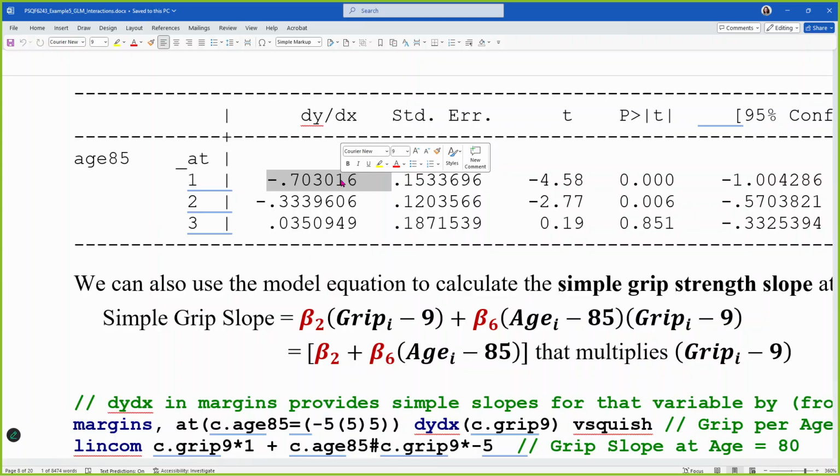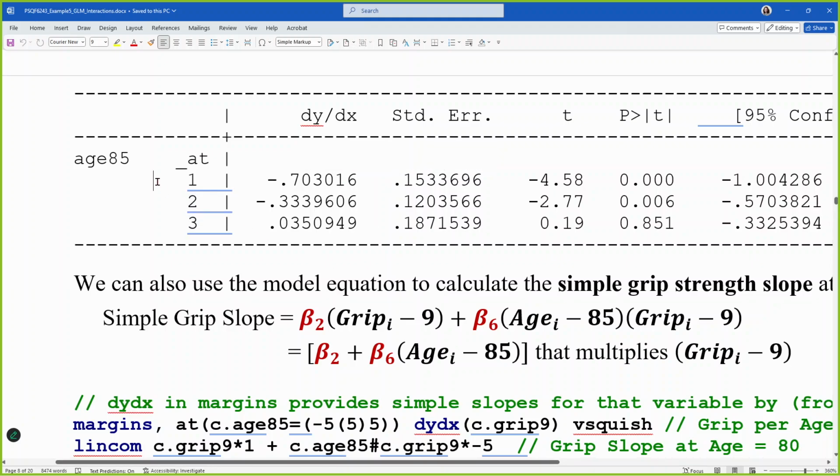Eventually, you're going to head the other way. But then this begs the question, so how strong do I have to be before age isn't bad for me anymore? It's still bad, it's still bad. Oh, not bad anymore. So somewhere between 9 and 12 is where age stops being bad for you.